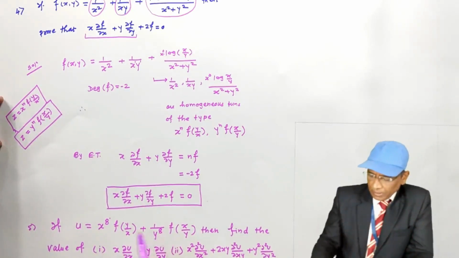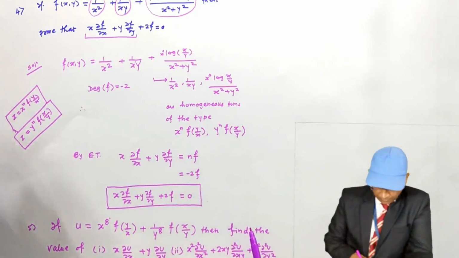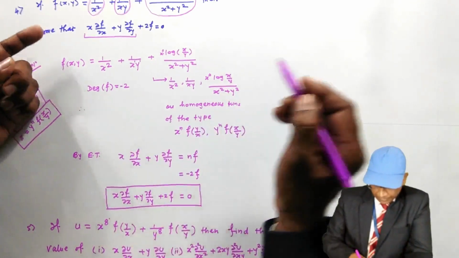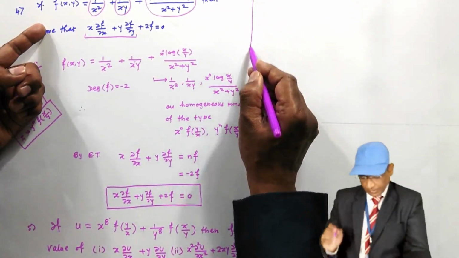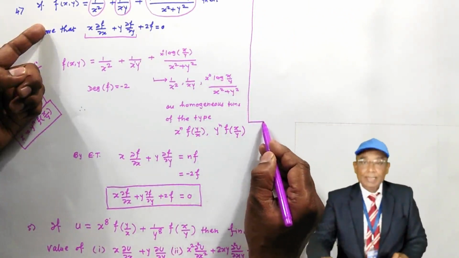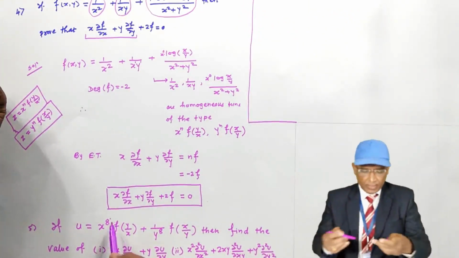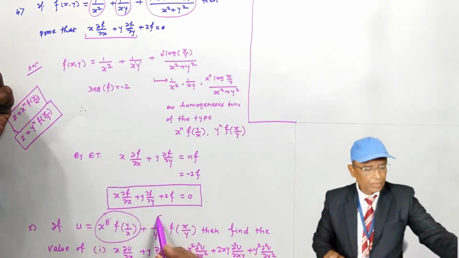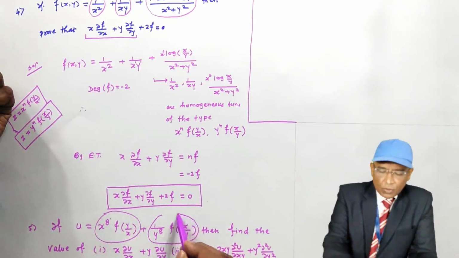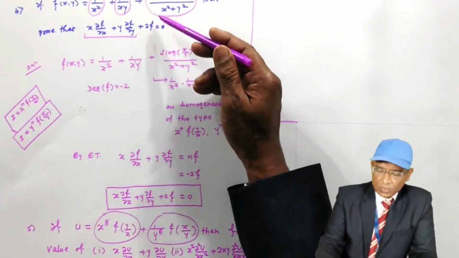Here how many terms are there? 2. First term and second term. Here what is the difference between the first sum and the second? In the first sum, the degree of this term is -2, of this term is -2, and of this term is -2.